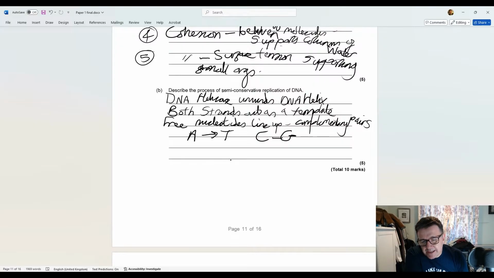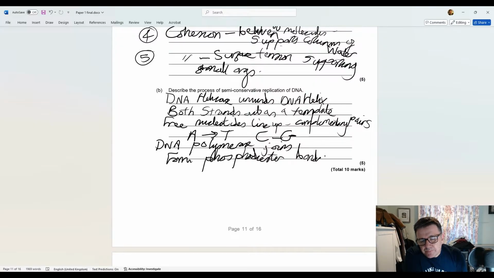Okay. What joins them together? Well, DNA polymerase. It's not RNA polymerase, it's DNA polymerase. And this joins the nucleotides. They form phosphodiester bonds. So getting all those keywords in, guys. They love all these keywords.